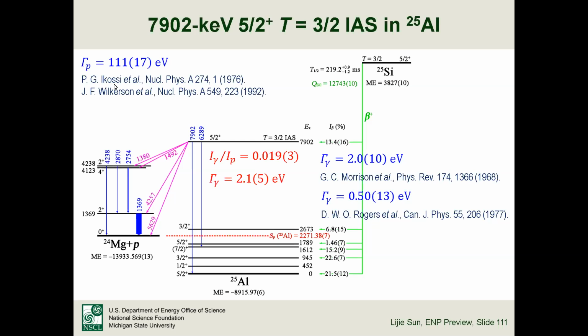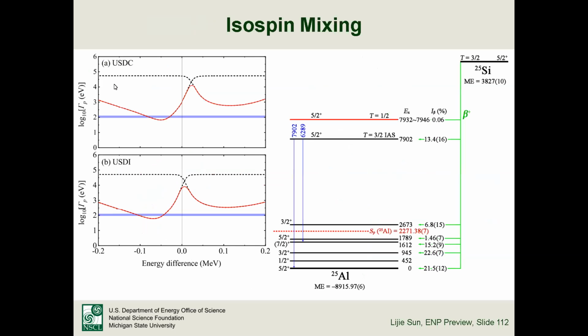Moreover, our shell model calculations estimate this gamma-ray width to be 2.9 and 2.4 eV respectively, using the USDC and the USDI Hamiltonians, both in agreement with our experimental results. So the discrepancy involving the gamma-ray partial width of this IAS in the literature has been resolved in the shell model calculation. We also found another interesting phenomenon.